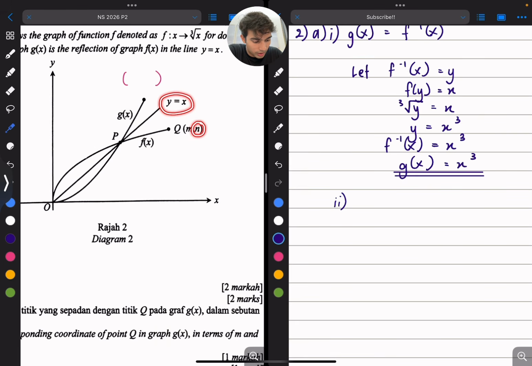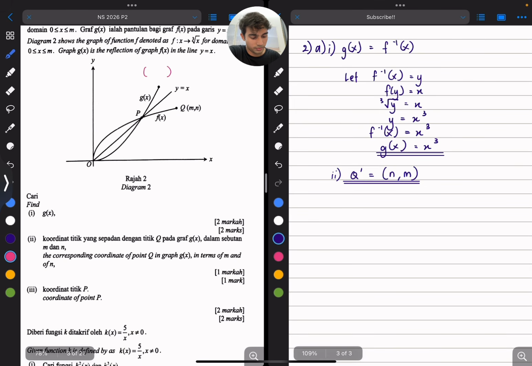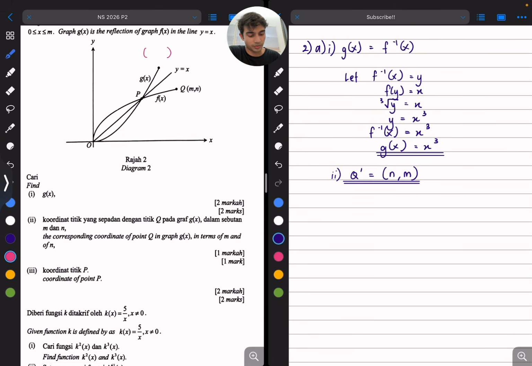So your y will equal this x and your x will equal y. So you just have to swap. So you just say Q prime will be (n, m). That's it. You just swap. x equals y, y equals x.